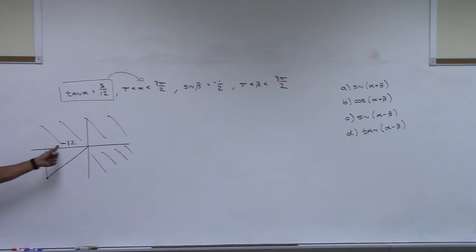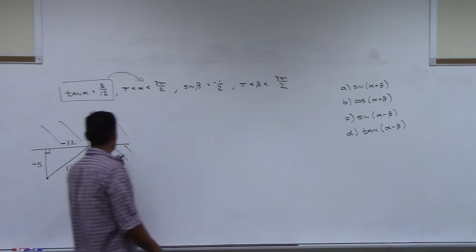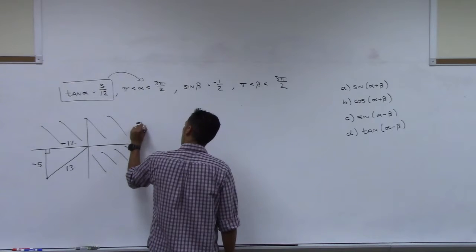So we do this squared plus this squared. So that's 144 plus 25, square root is 13. All right, now the hypotenuse is positive, always. So we good with this? Sure? All right. Now, from this information, let me just write down all the things I know.